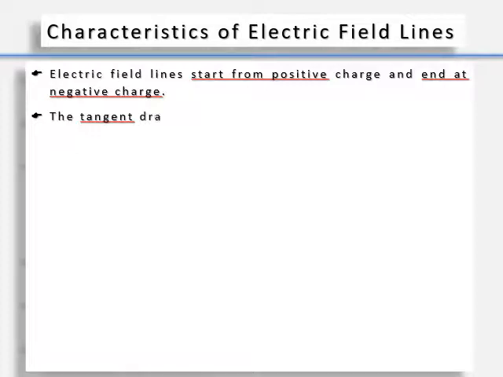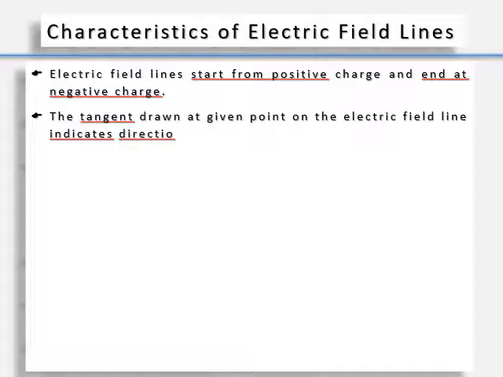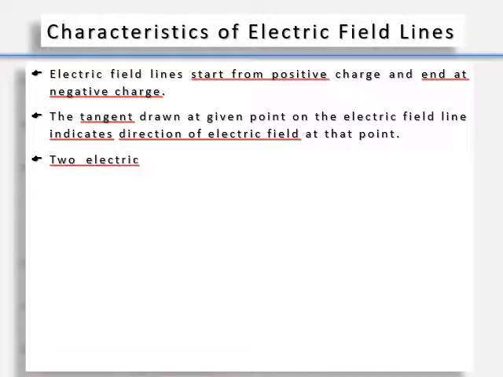Now we also know that if you have many charges, and you want to know the direction of the electric field at any given point in the system, you just have to see the electric field line and draw a tangent. Wherever you want to find out the direction of the electric field, draw a tangent at the electric field line at that point, and the tangent will indicate the direction of the electric field at that point.